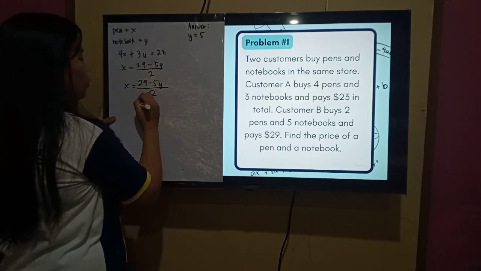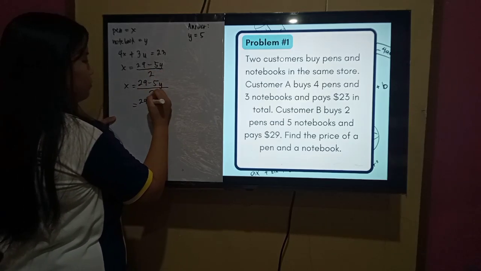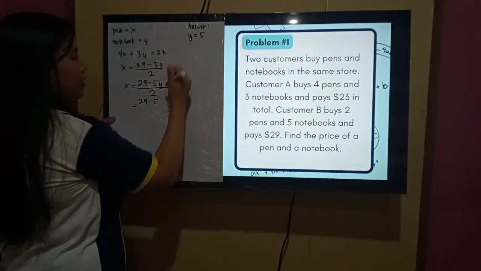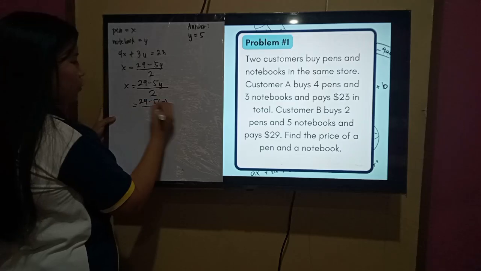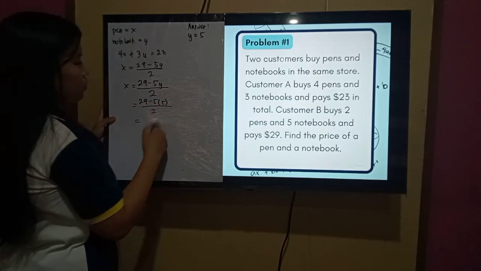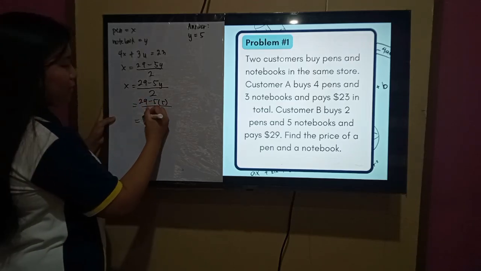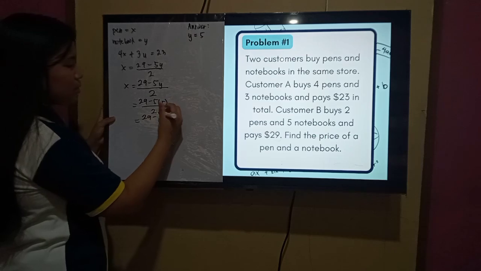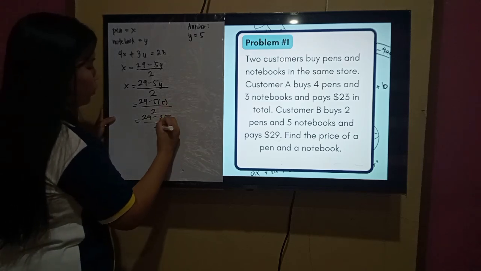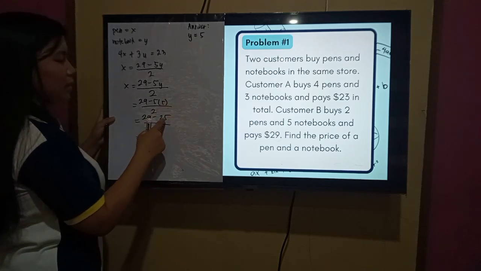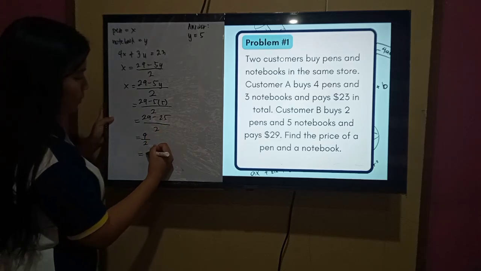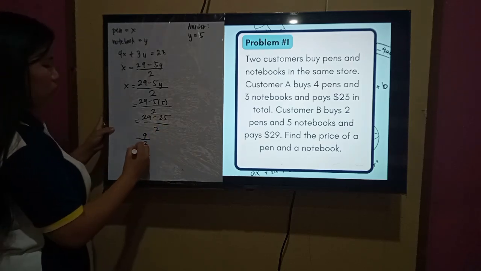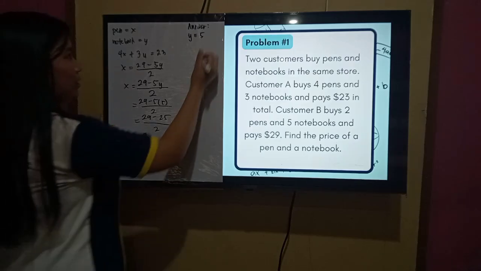So, 29 minus 5, substitute natin kay y yung 5 na value niya, over 2, equals 29 minus 5 times 5, that would be 25, over 2, equals 29 minus 25, that would be 4 over 2. 4 divided by 2, that would be 2. So, ito na yung ating x value.